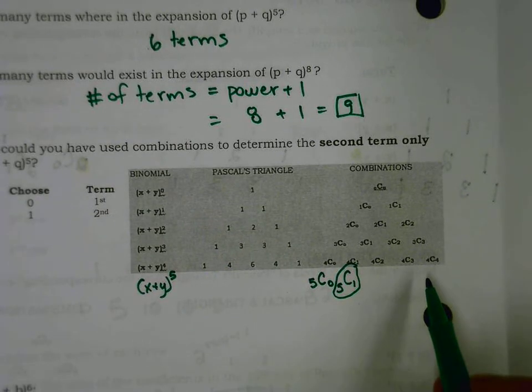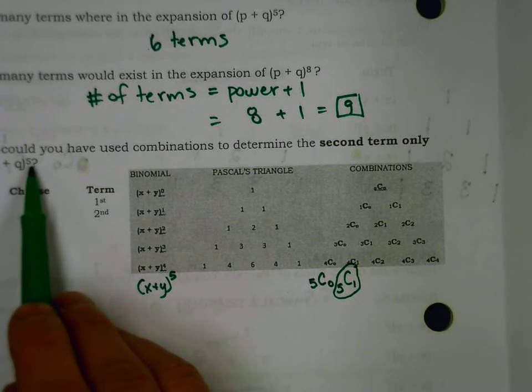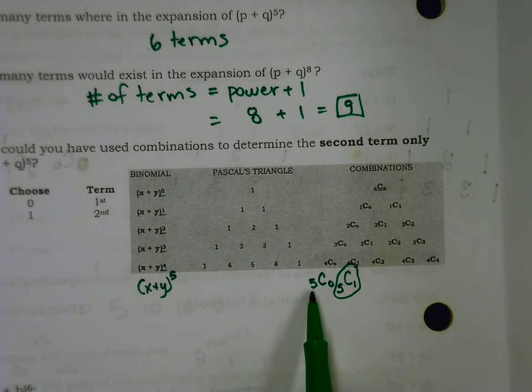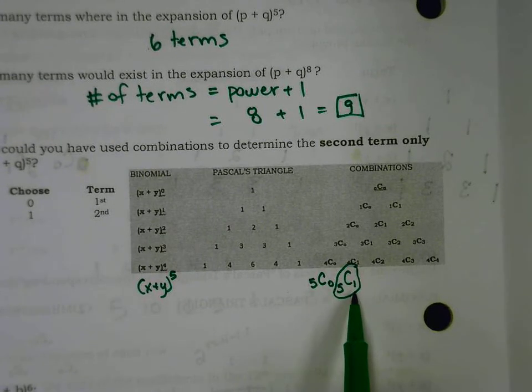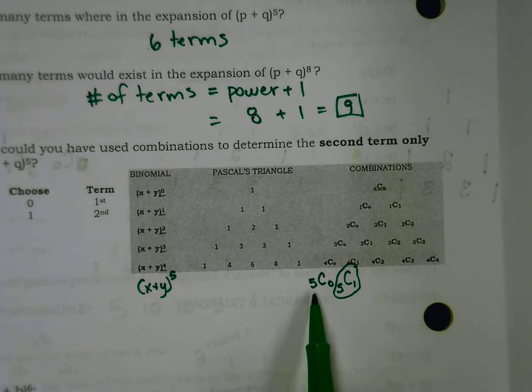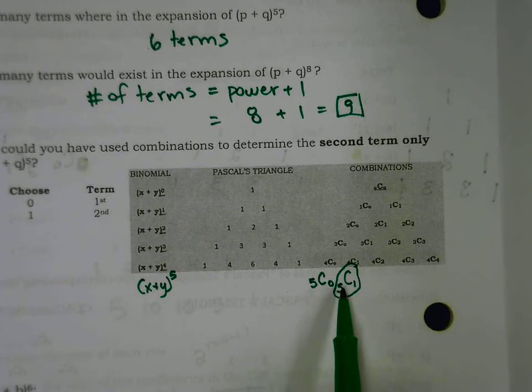So essentially, when I see that this is a power of 5, I know that this is my first part, my n of my combination. I also know that because I'm looking at my second term, I'm not going to choose 2. I have to choose 1 because my first term is a 5C0, and then it's a 5C1.